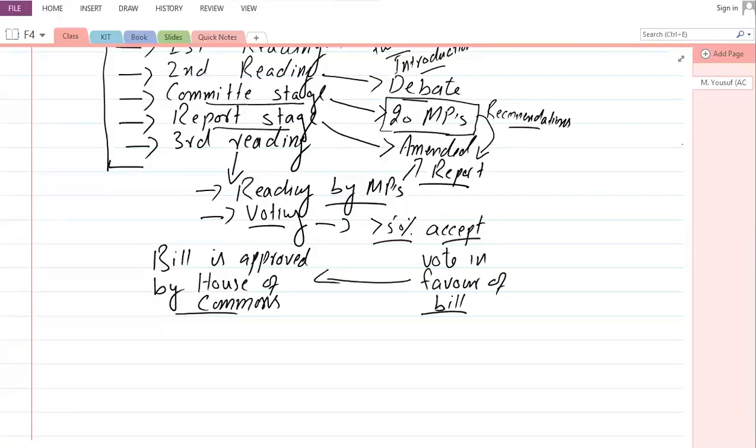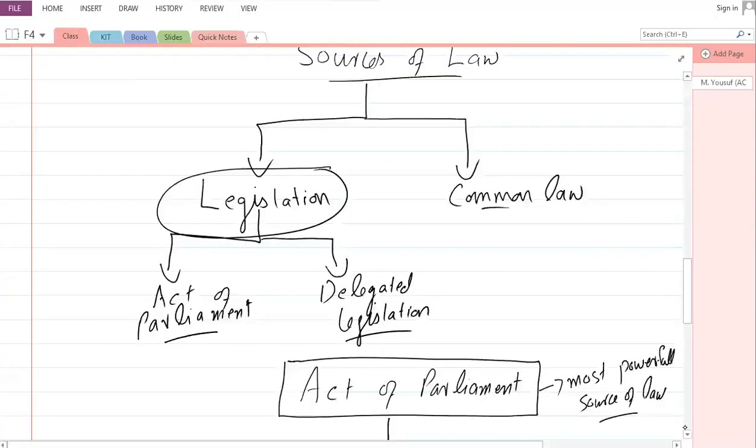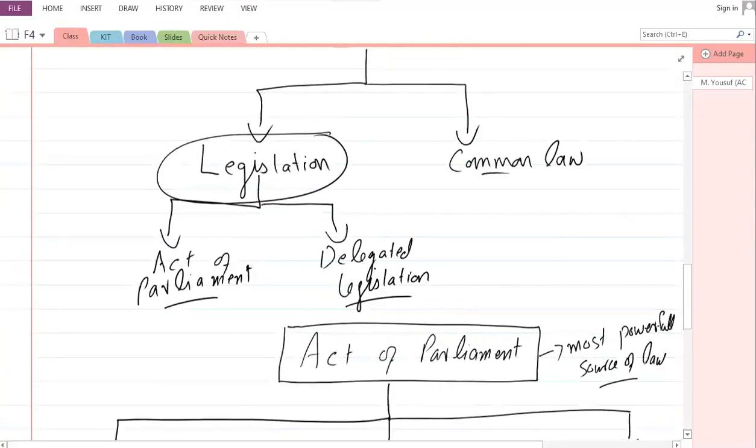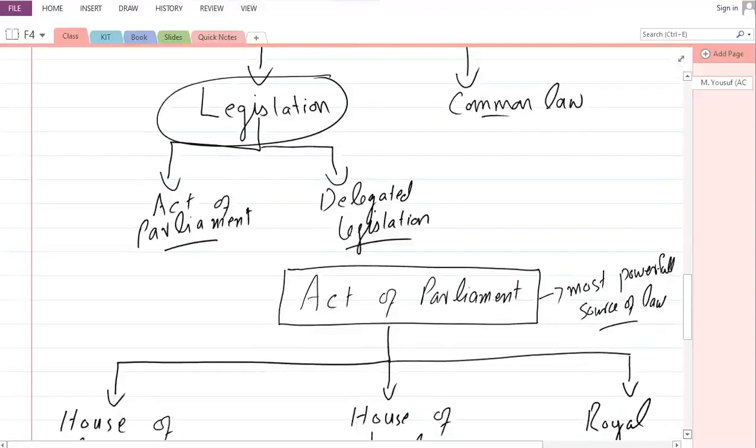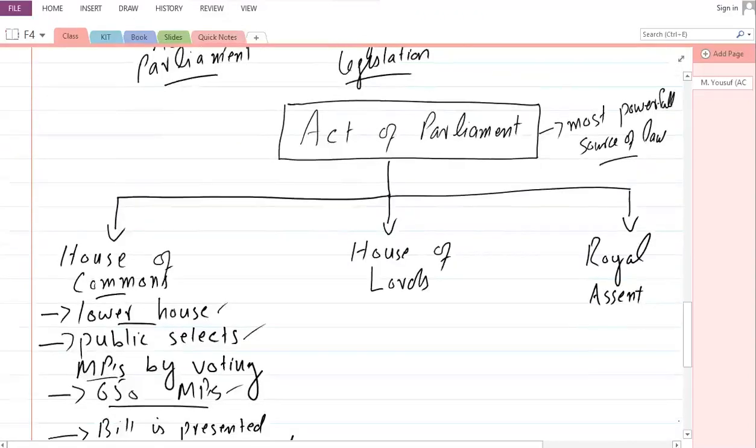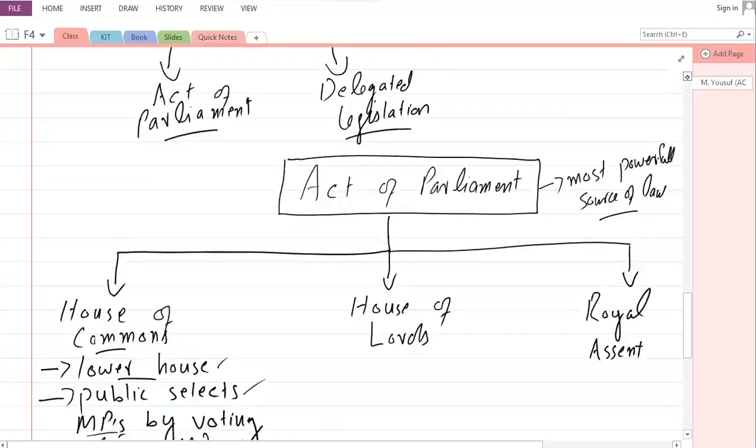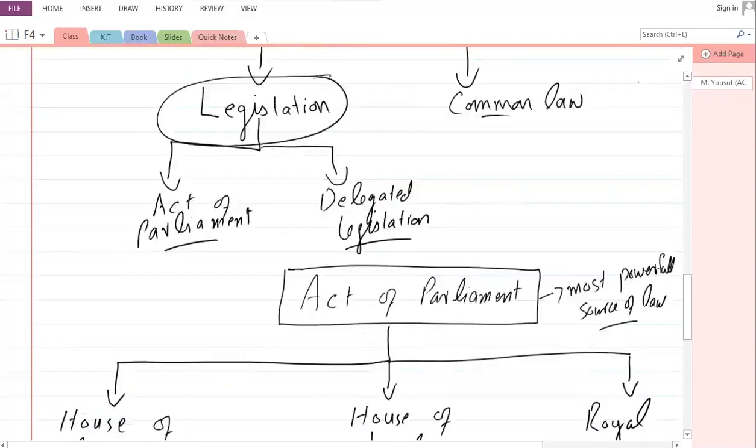Now we are going to understand the approval level of the House of Lords. We are discussing legislation, and we know that legislation is acts of parliament and delegated legislation. We have started with acts of parliament.